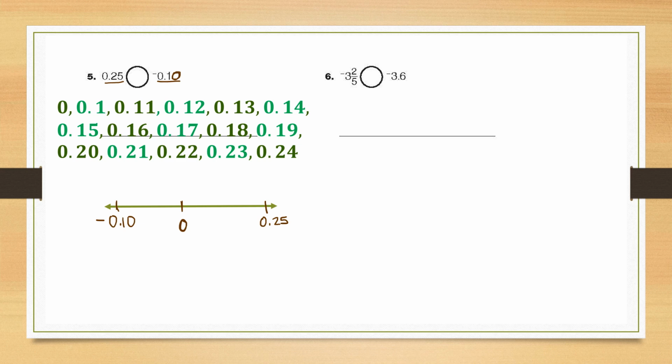Okay, so if we start at 25 and work our way down to 0, we're going to go 0.24, 0.23, 0.22, 0.21, 0.20, 0.19, and so on, down through 0.11, 0.10, and then 0.